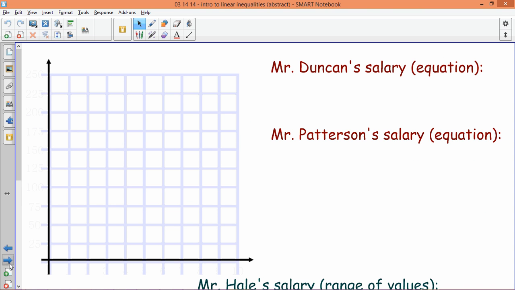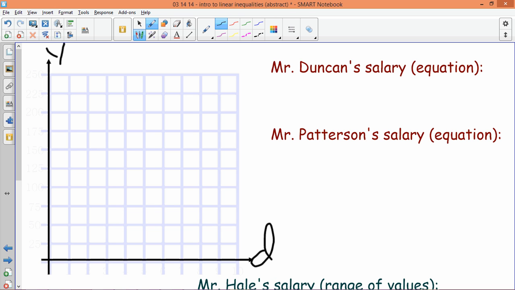Mr. Duncan's salary can be represented by the equation... I'm going to use d for days, and I'm going to use s for salary. So d and s. Okay? So my salary is going to be $50 plus $10 for each day the company stays open.